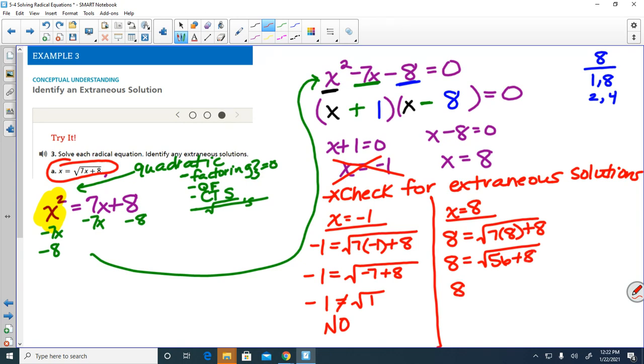So is positive 8 equal to the square root of 64? Yes, it is. Positive 8 is equal to the positive square root of 64. So 8 does equal 8. So that means 8 is a true solution. It is not extraneous.